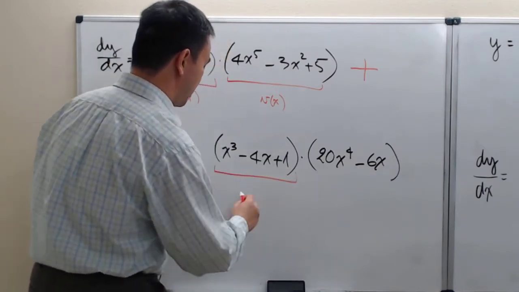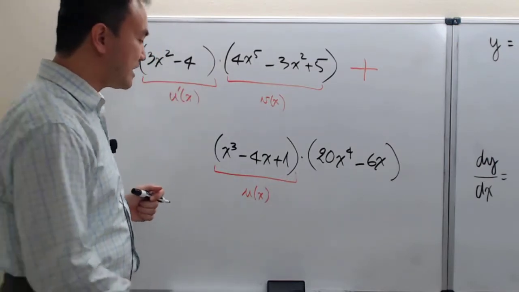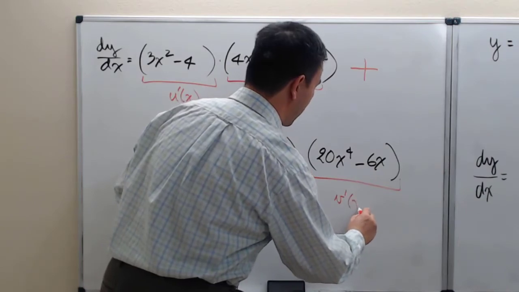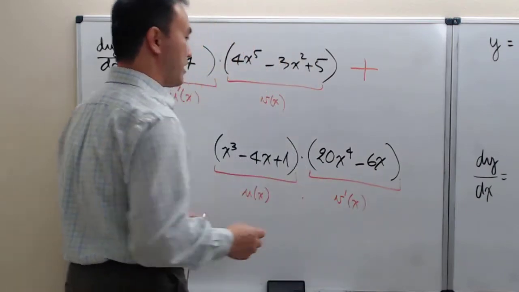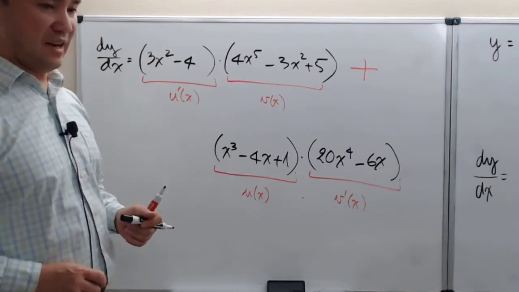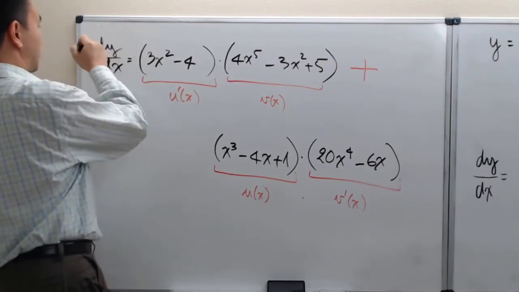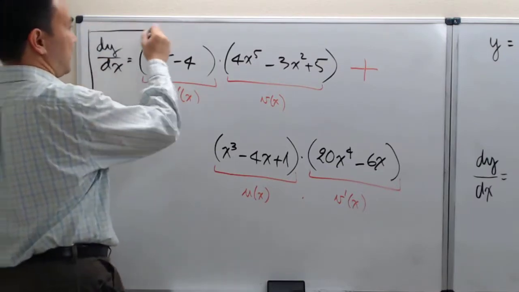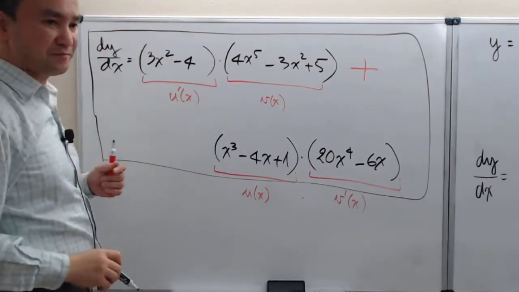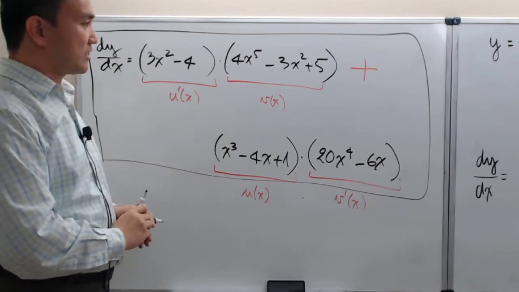This part right here is the u of x being carried from the previous step, and right here is our v prime of x, and these two are in product. At this point, after seeing a few steps, this is legally our final derivative of the product above.